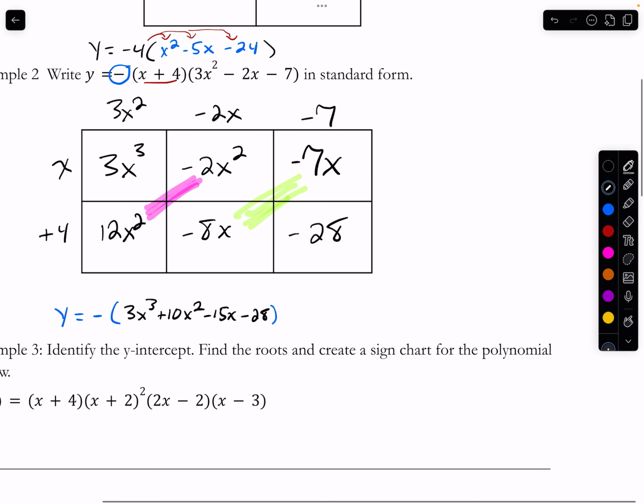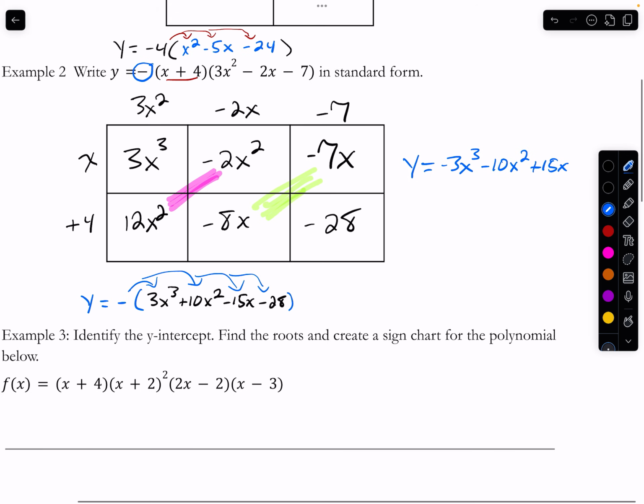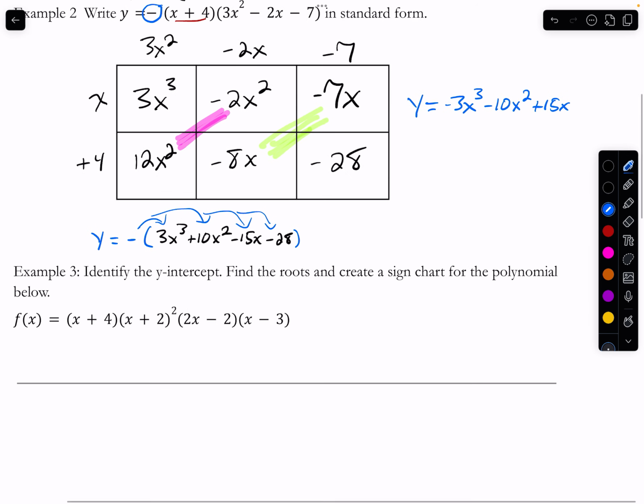So our last and final step to write in standard form: y equals, we're distributing that negative into all 4 terms, so I've got -3x to the third minus 10x squared plus 15x and then plus 28 on the end.